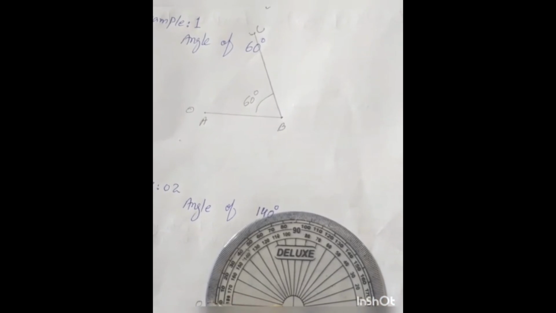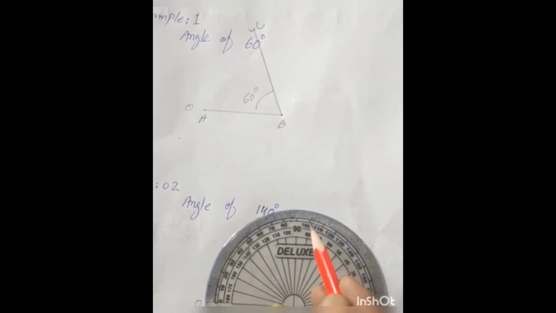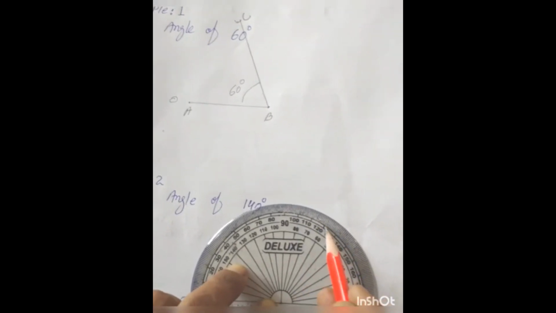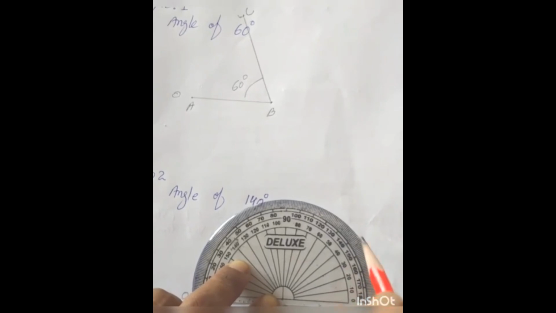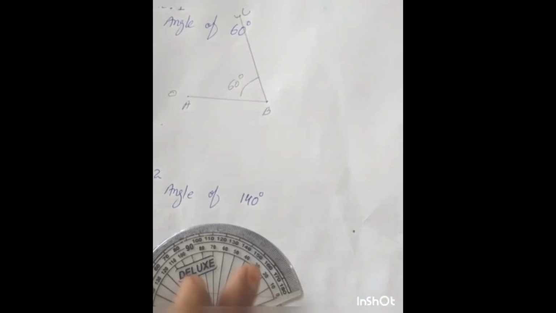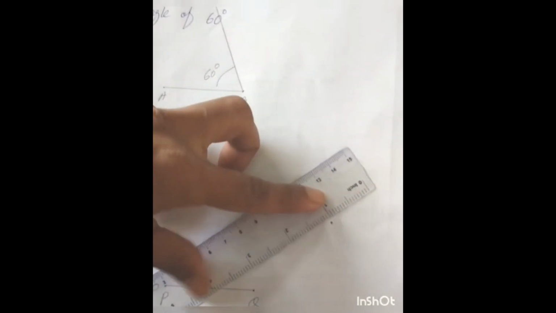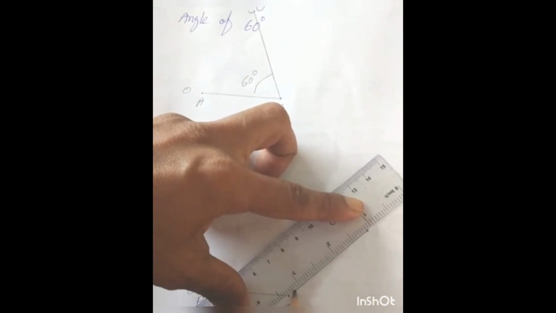It's the outer number: 0, 10, 20, 30, 40, 50, 60, 70, 80, 90, 100, 110, 120, 130, 140. This line is 140. Mark the point and join this point with the baseline to complete the angle. Now if it's P, it's Q and it is R, and it is an angle of 140 degrees.